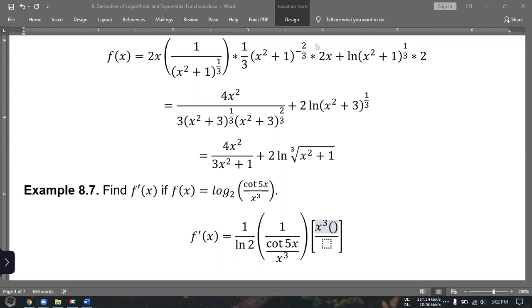That is negative cosecant squared 5x times 5. Or in terms of u, we have negative cosecant squared u du, where u is 5x and the derivative of u is 5. So its simplest form is negative 5 cosecant.